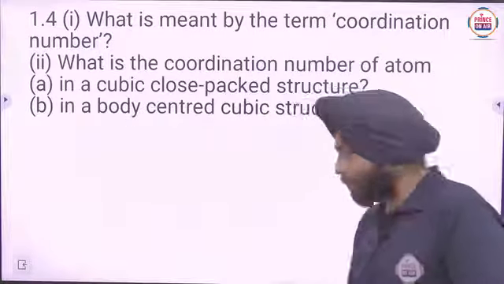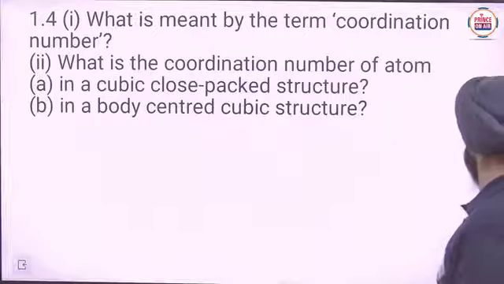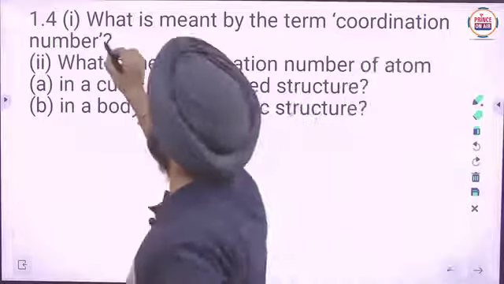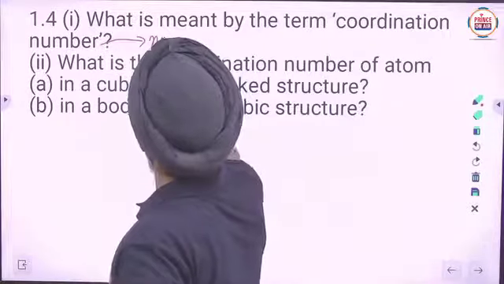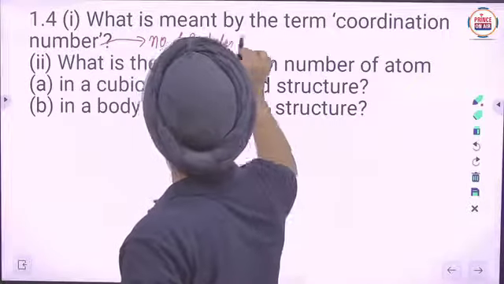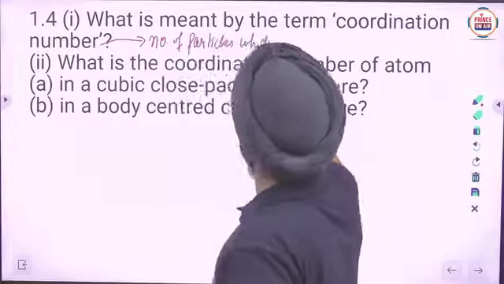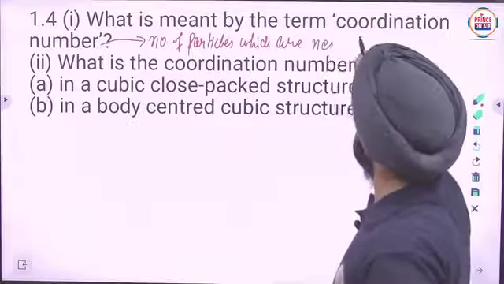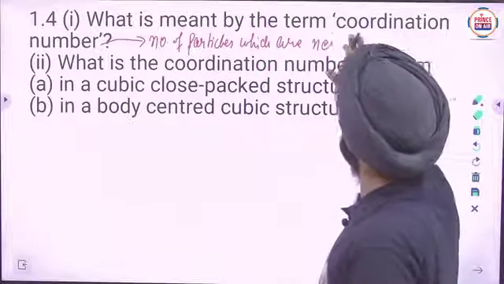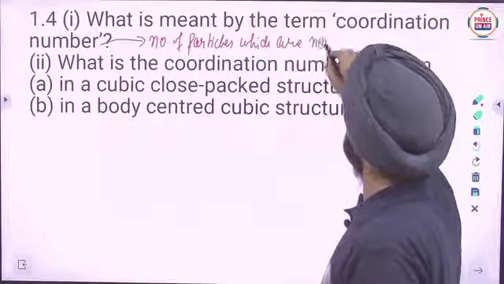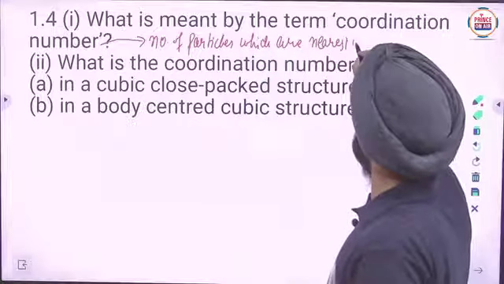You can say these are the number of particles which are nearest neighbors.